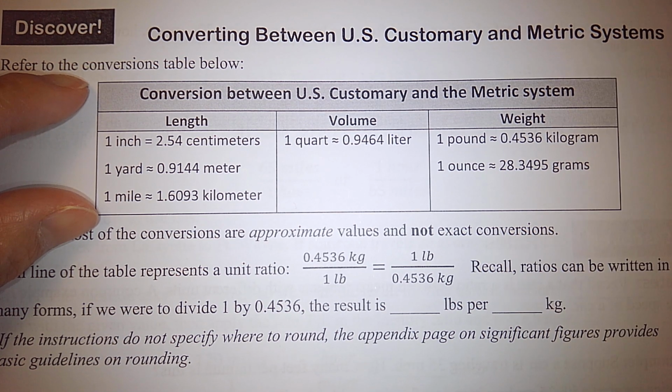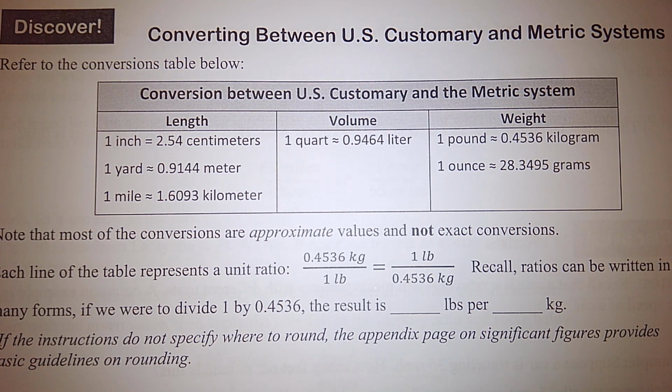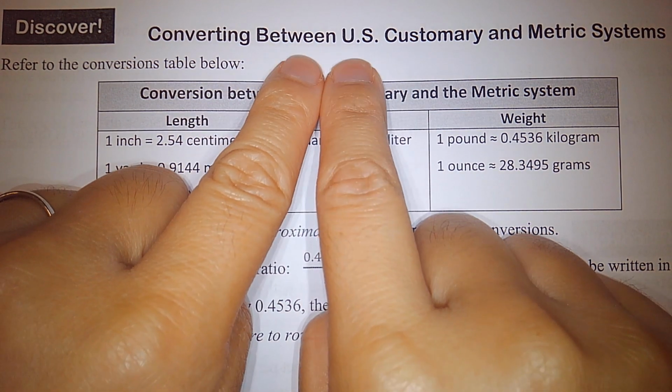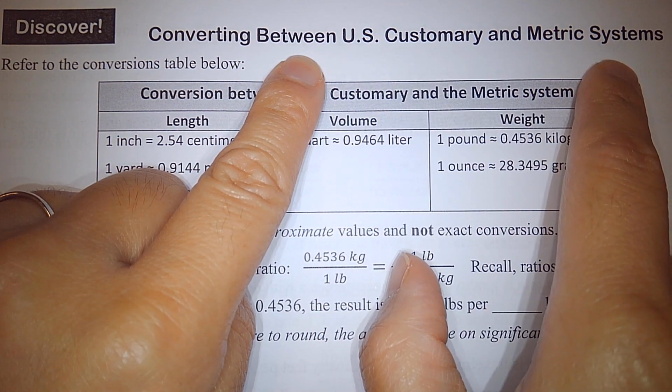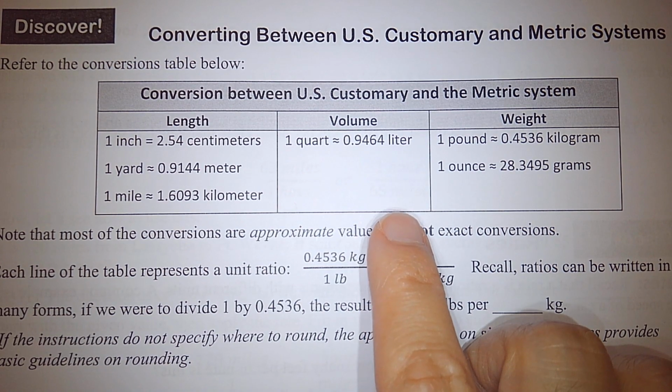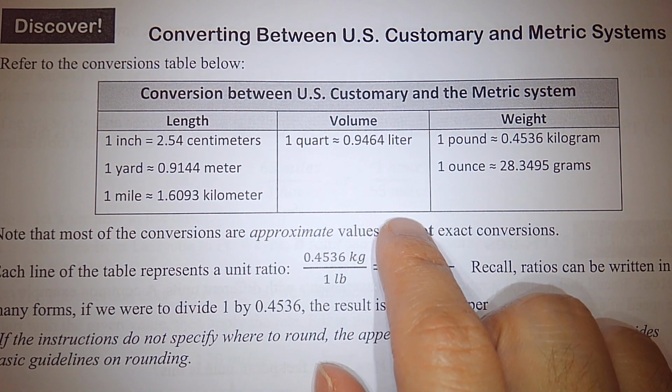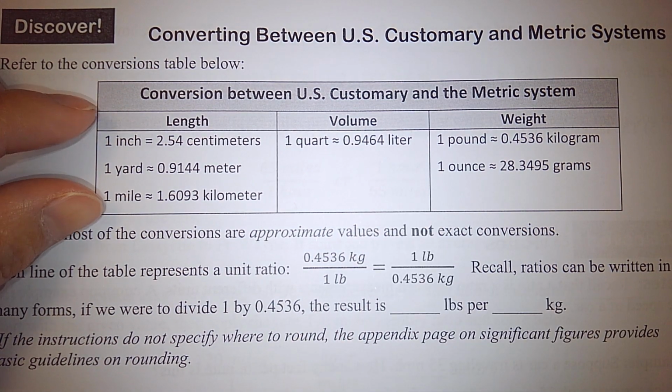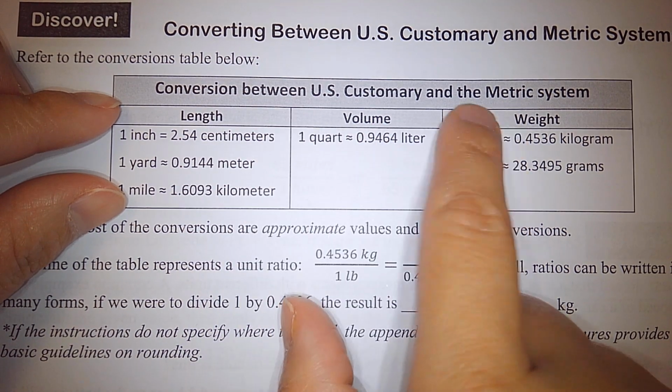Identity ratio methods. So if we summarize, guys, only in the US system, identity ratio methods. Between US customary and the metric system, identity ratio methods. In the metric system, what do we do? Moving decimal points. Okay. Well, here, this is the table between the two systems.